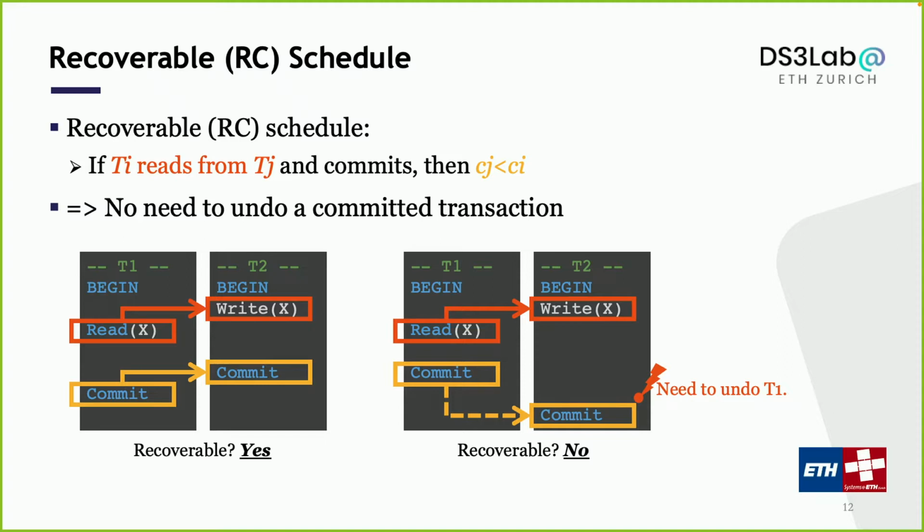Something can happen in between on the commit that makes the system unable to enforce durability, because you have to undo a committed transaction. On the other hand, if all of the read-from relationships follow this parallel structure, you will not have this problem. So this is the family of recoverable schedules. As long as the schedule is within this family, you have some recoverability property. Any questions so far? No? Okay.